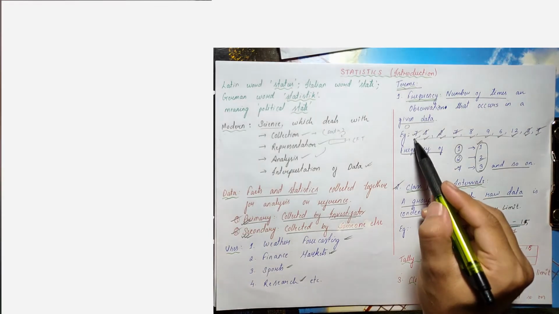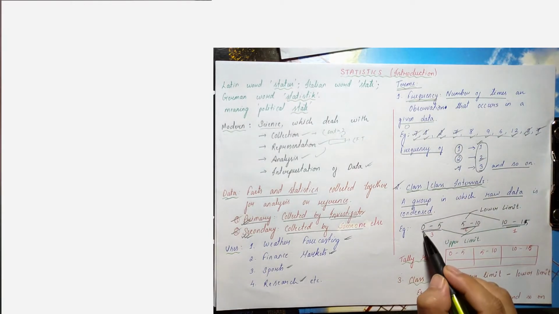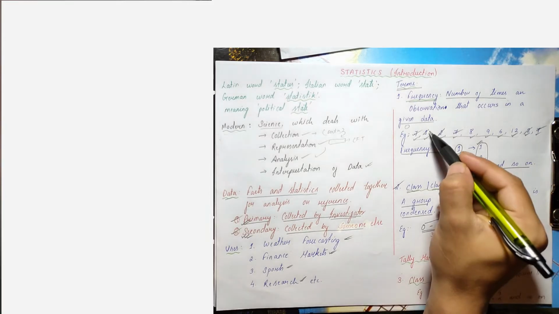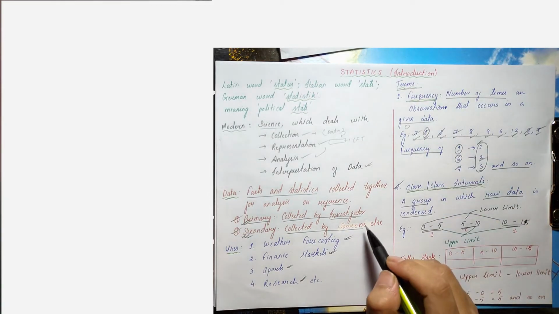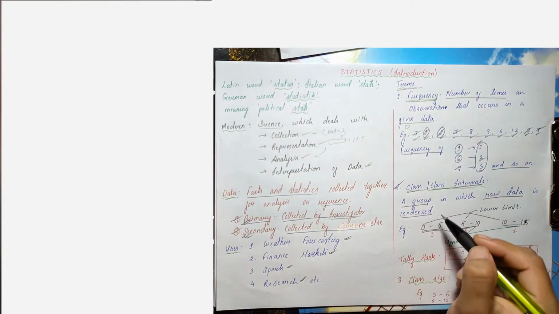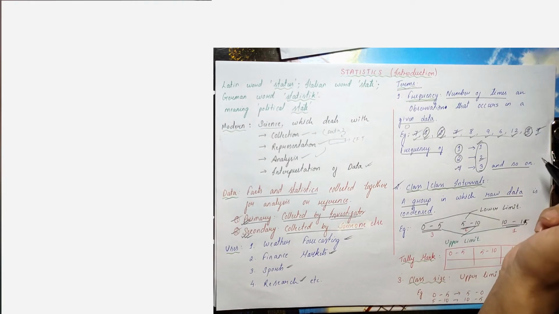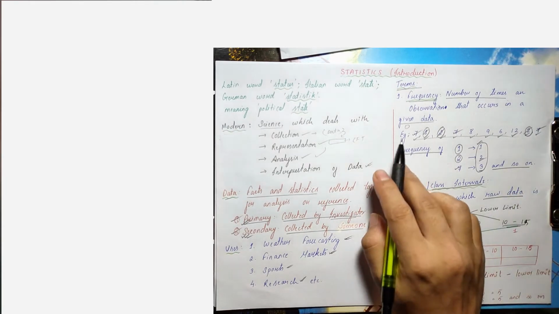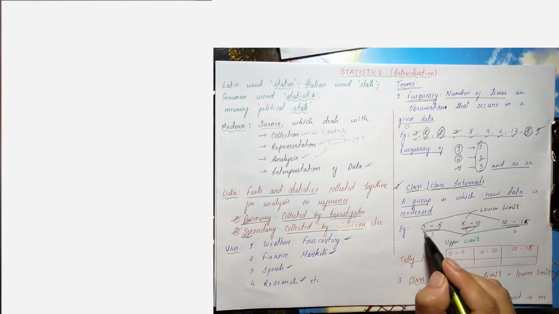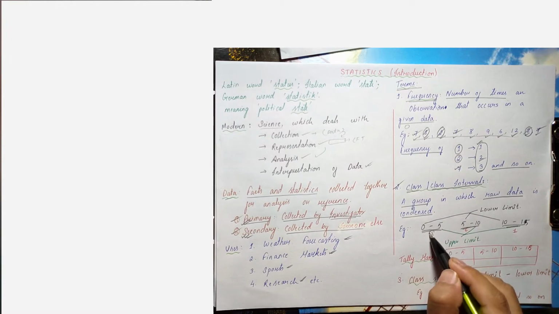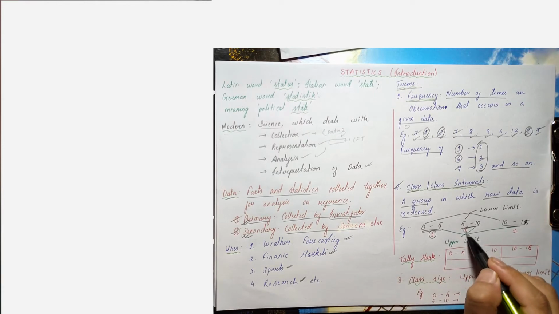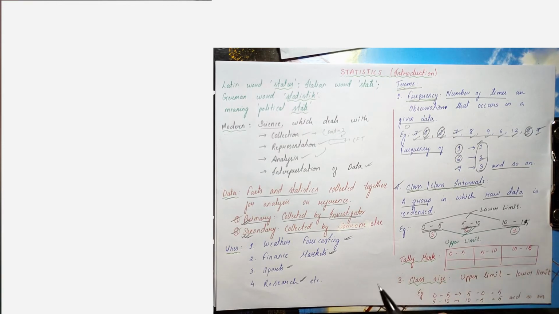We count how many values are there between 0 to 5. As you can see, this value comes under 0 to 5, this value comes under 0 to 5, this value comes under 0 to 5, and no other values satisfy this range. So we have 3 values that come under 0 to 5. Similarly, for 5 to 10 it is 6, and 10 to 15 is just 1.